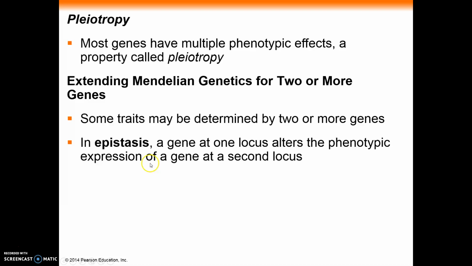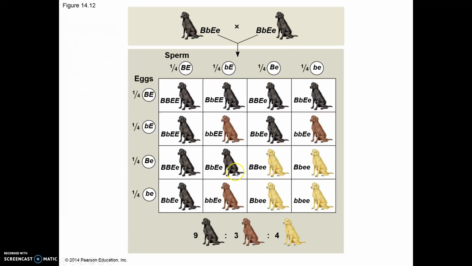So let's give one particular example here where a gene at one locus is actually going to alter the phenotypic expression of a gene at a second locus. So one gene product is actually controlling another. This is something that we call epistasis. An example of this would be in laboratory retrievers.